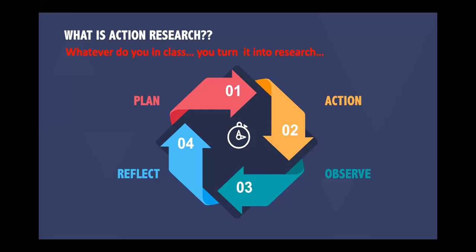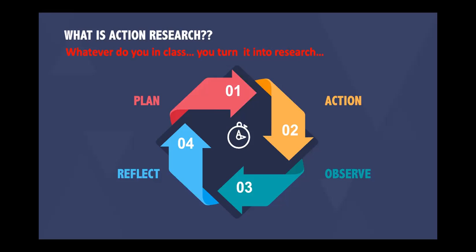Okay, from the plan, from the action, from the observation, you must take notes, and then you reflect. Reflect on the activity. What went wrong? What did they do? How about doing this the other way around, or whatever? So the reflections come from 1, 2, 3.